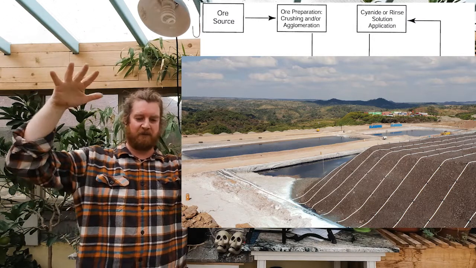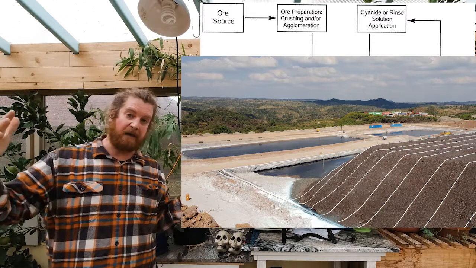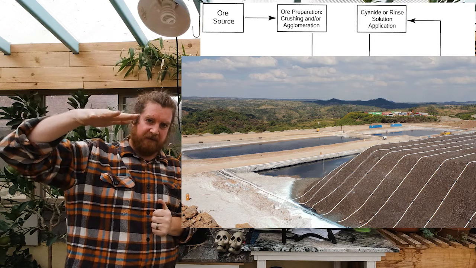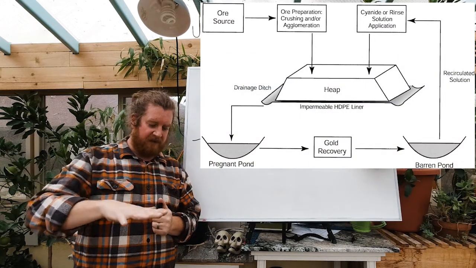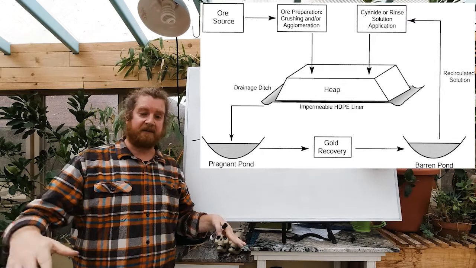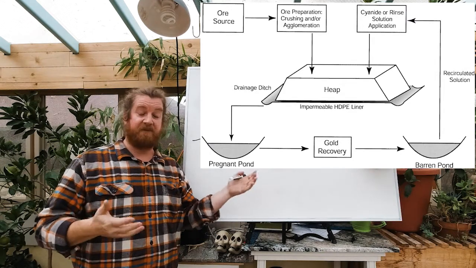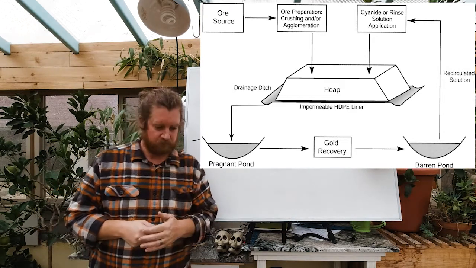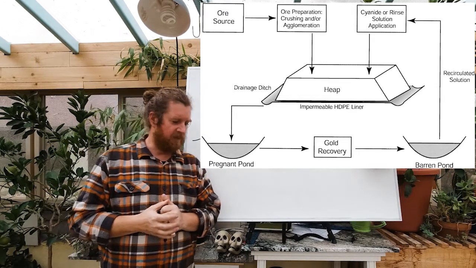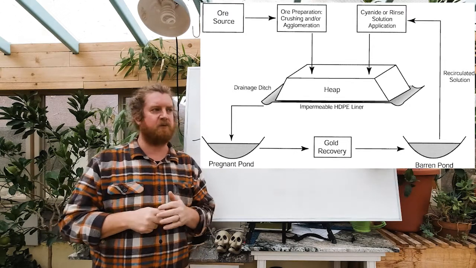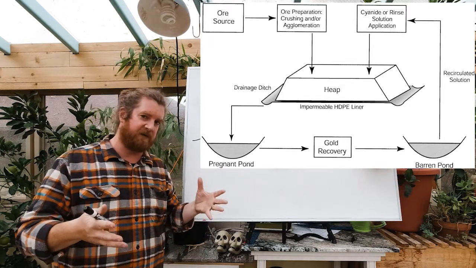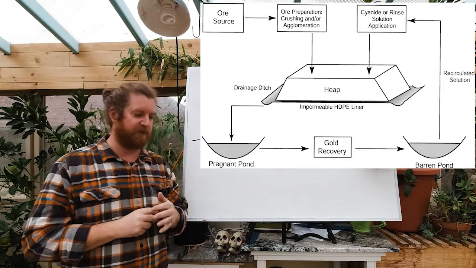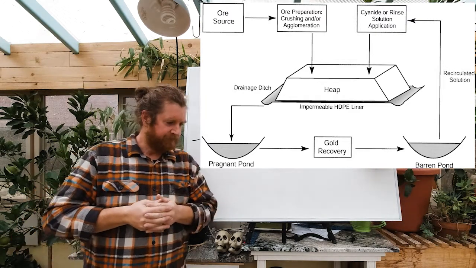Cyanide is flowing through that heap, that pile, and it's melting out all those tiny bits and pieces of gold, and then at the end, it's collected in these ponds, and those ponds are now filled with cyanide that has lots of dissolved gold in them. We can use some electrostatic precipitation, we can do some other processing to that cyanide and chemically pull the material out of those ponds.